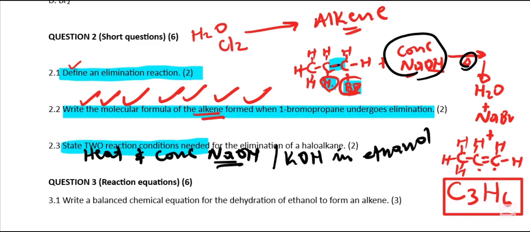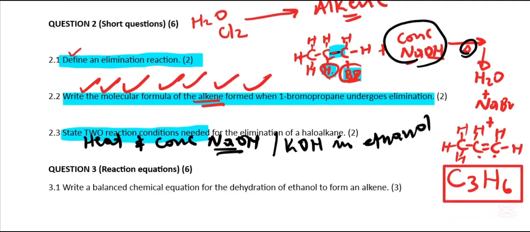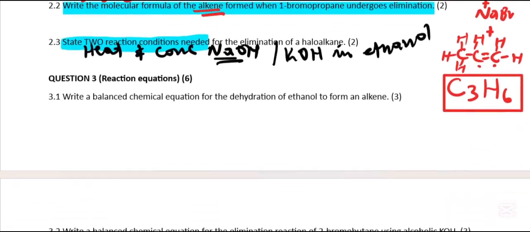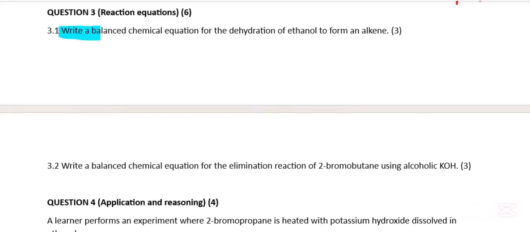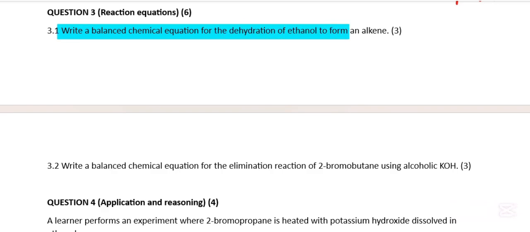Alright, let's go to question number 3. A balanced chemical equation for the dehydration of ethanol to form an alkene. Let's do that. So we have ethanol.